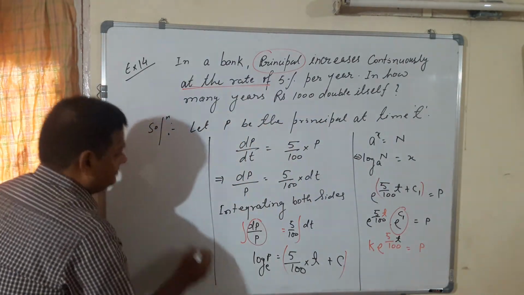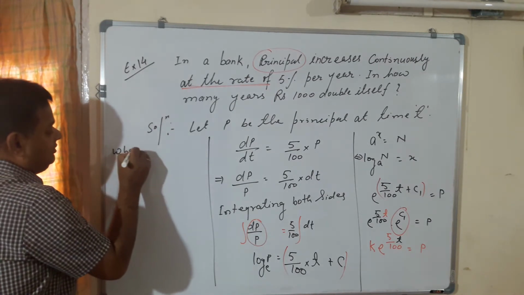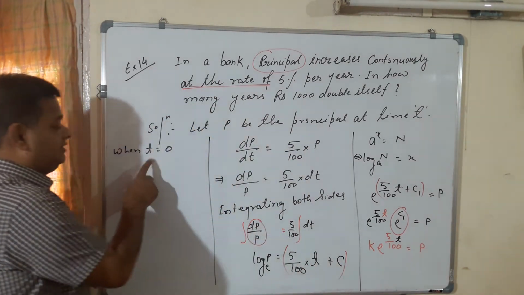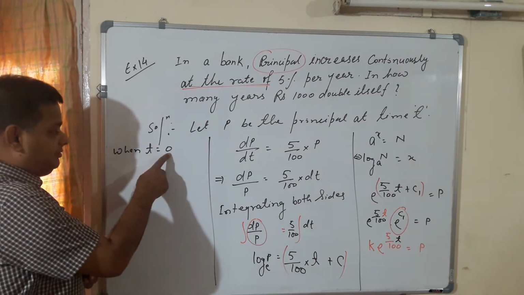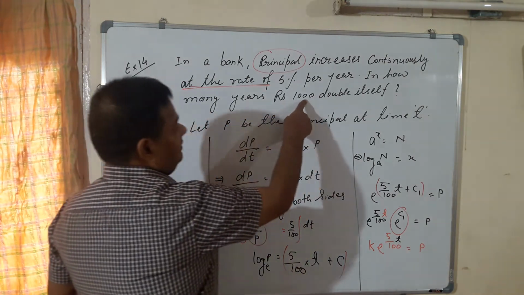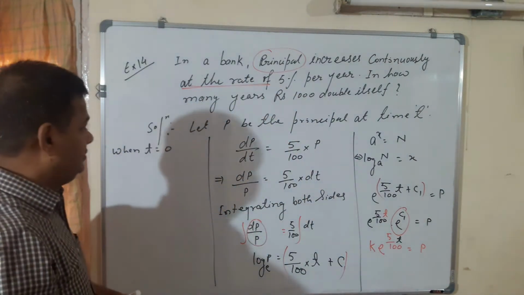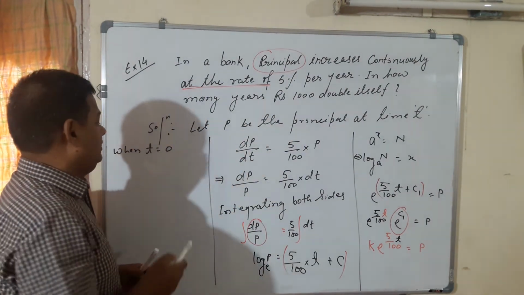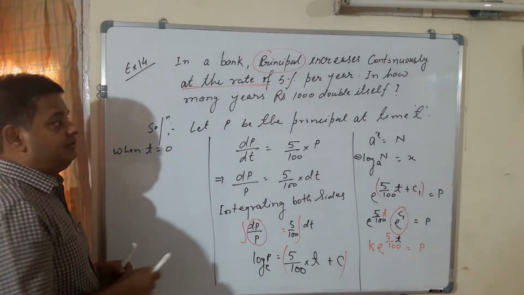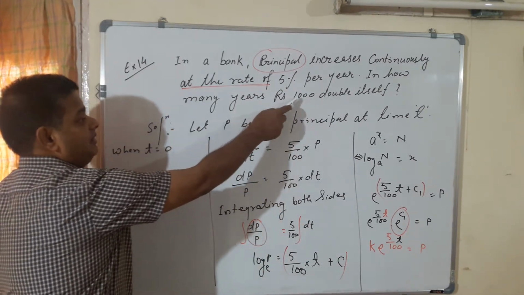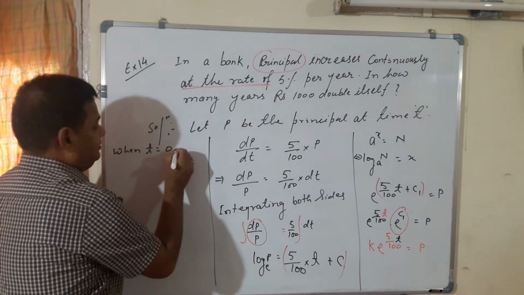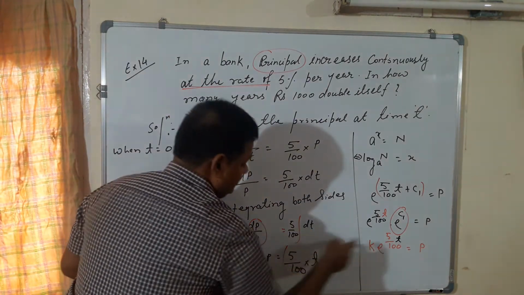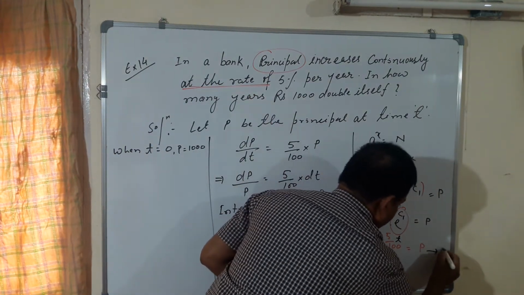So now see here, when time t is equal to 0, initially the principal will be 1000 rupees. So principal will be 1000 in the beginning of the year, it means t equal to 0 at that time. So P is 1000 rupees. Suppose this is equation number 1.